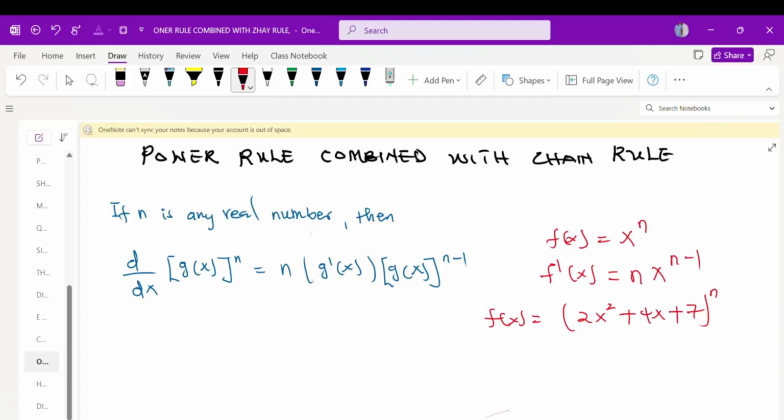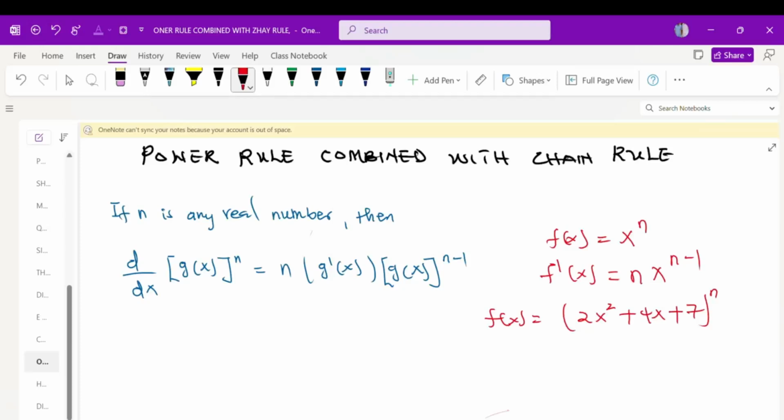If n is any real number, the derivative of g of x exponent n is equal to n multiplying g prime of x multiplying g of x exponent n minus 1.